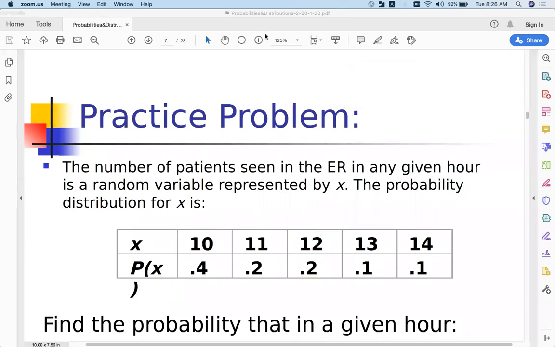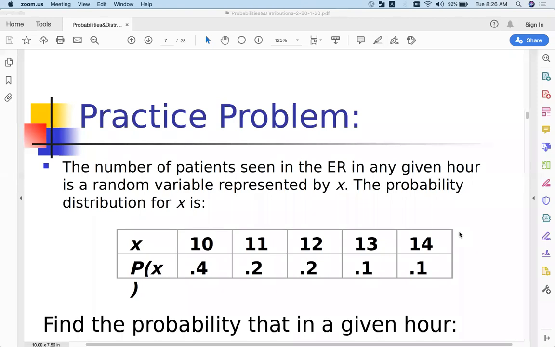Anyone has any questions? Yeah, I have a doubt. For the next hour, for the random variable number of patients coming, like that first column, if I would ask, the number of patients in the next hour possibility will be 10. Then how can I explain the question like in the next hour 11, 12, 13 and 14 events are occurring?